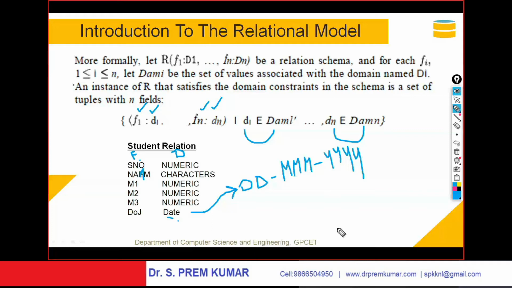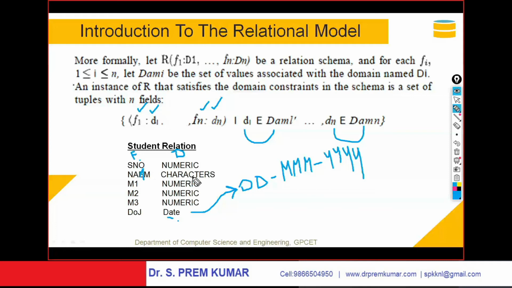So the general representation in the algebraic form: field 1 belongs to domain 1, field 2 belongs to domain 2, field 3 belongs to domain 3, field n belongs to domain n. Where D1 represents some domain, D2 represents a domain, and so on. Example, student number is a numeric domain.